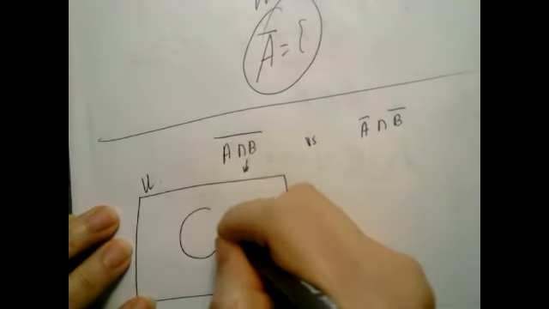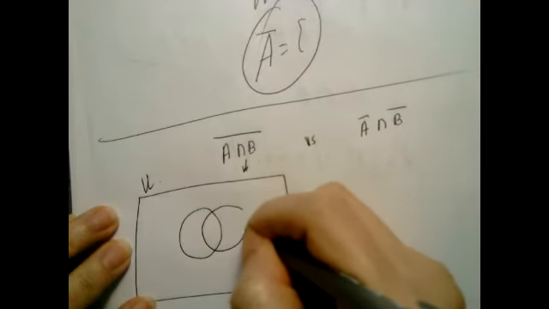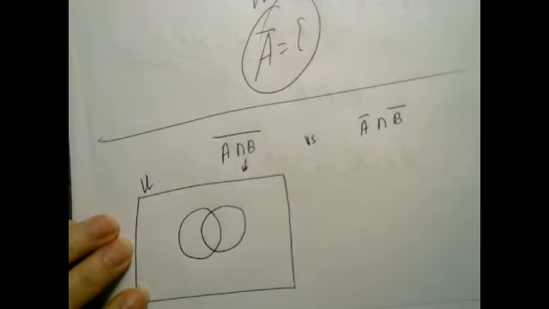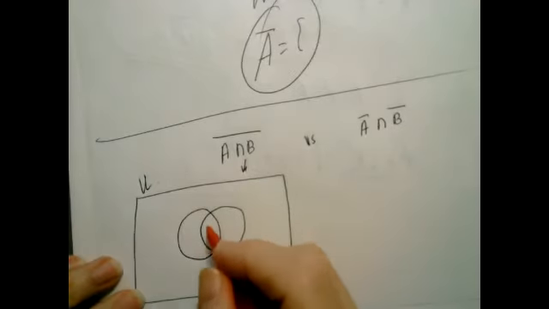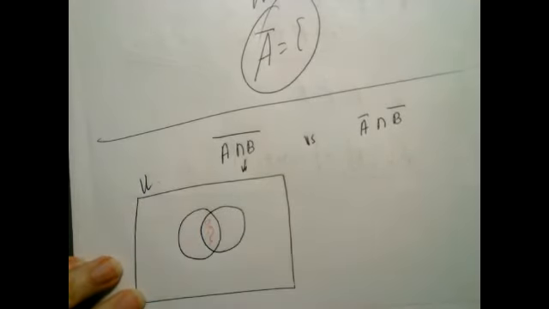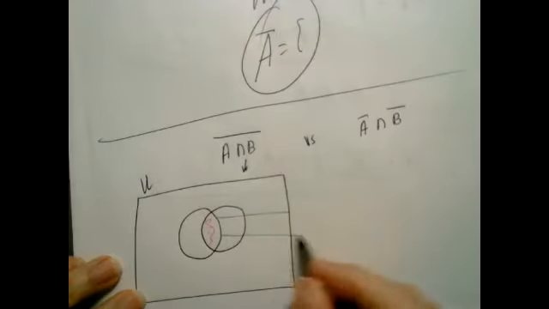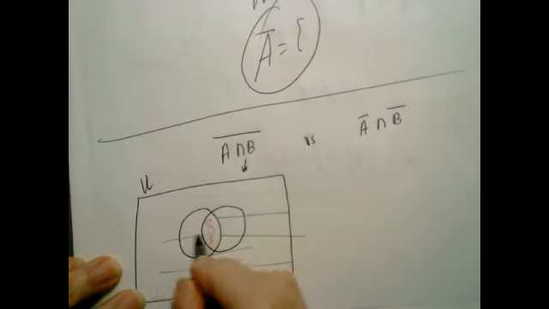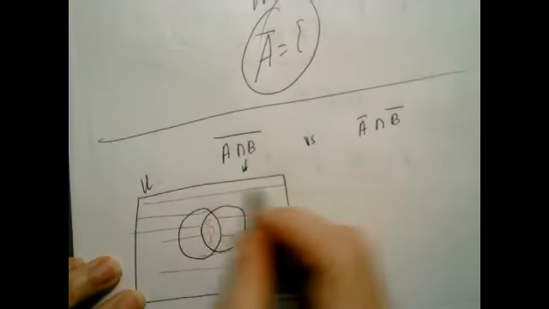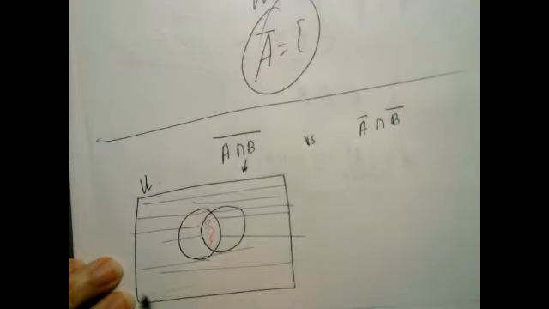You have to have an A, you have to have a B. And then the complement of the intersection is this piece right there, outside A intersect B but in my universe. So that's the correct picture of the complement of the intersection.